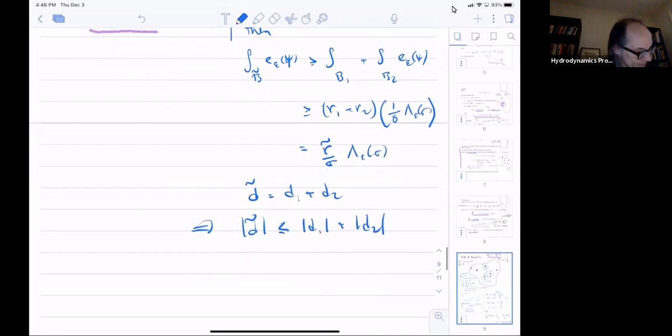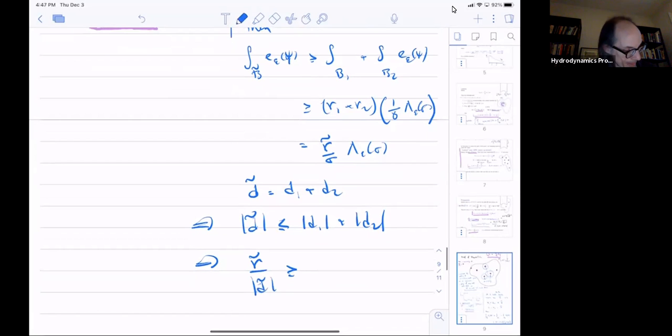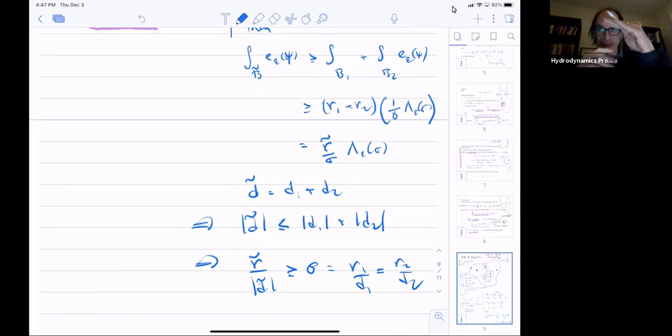And so R tilde over D tilde will be bigger than sigma. If I have no cancellation, if I have equality here, then the ratio will still be sigma, but if there's cancellation, if the numerator sums and the denominator loses something, then the ratio will get bigger.